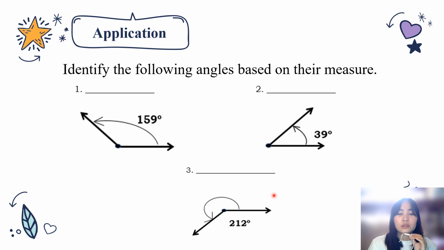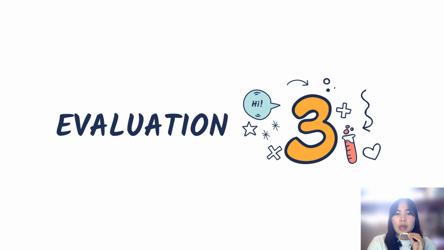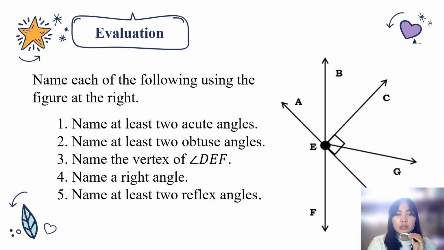And the straight angle measures exactly 180 degrees. Now, reflex angle is an angle that measures greater than 180 degrees but less than 360 degrees. And our full angle measures exactly 360 degrees.